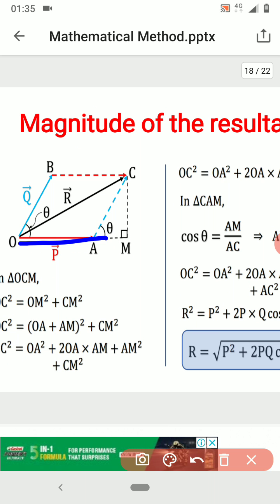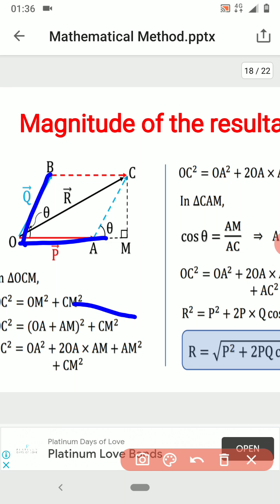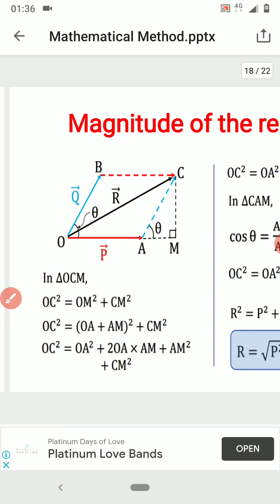There are two vectors, vector P and vector Q. Sorry, vector OA and vector OB.